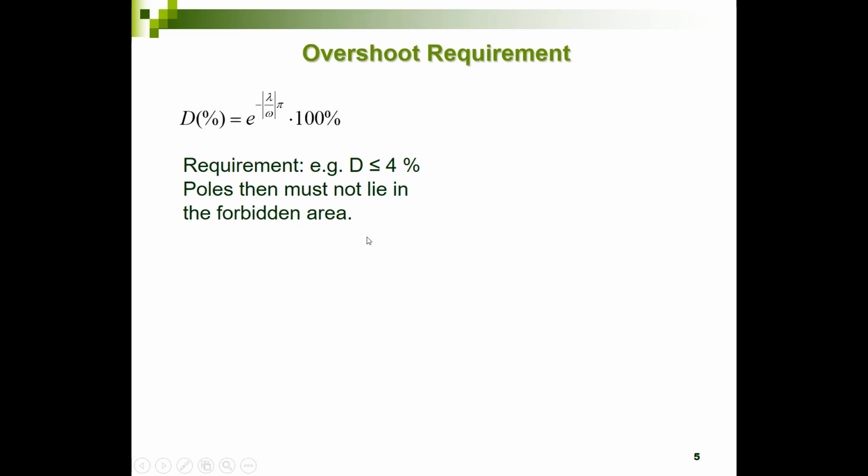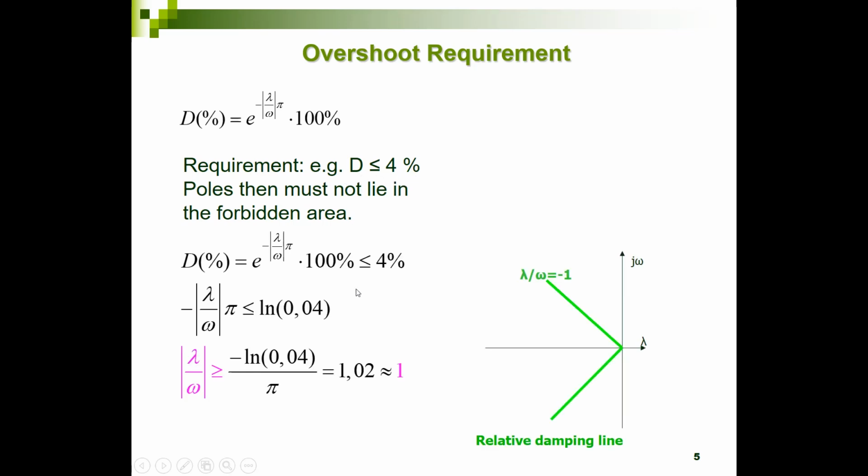So we can define an area in the S domain where the poles may not be in order to apply to this requirement. Well, when the overshoot is 4% at the maximum, we can say e to the power minus lambda over omega times pi times 100% has to be smaller or equal to that 4%.